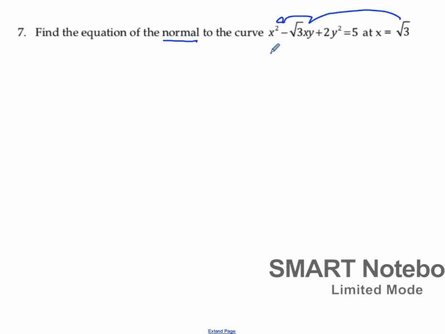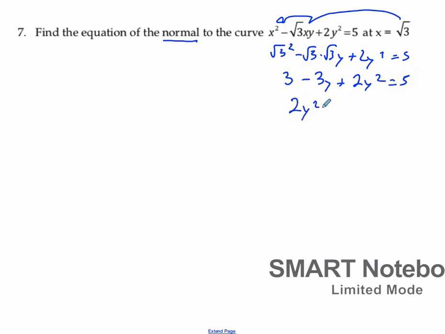So we're going to have root 3 squared minus root 3 times root 3 times y plus 2y squared equals 5. So that's 3 minus 3y plus 2y squared equals 5. Now this is a quadratic, so we have 2y squared minus 3y minus 2 equals 0.